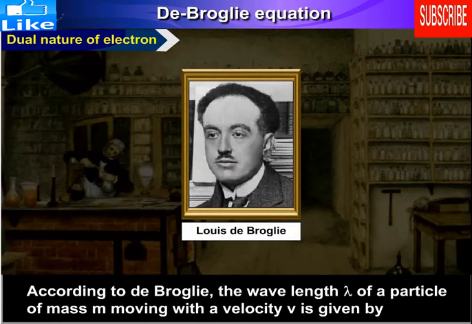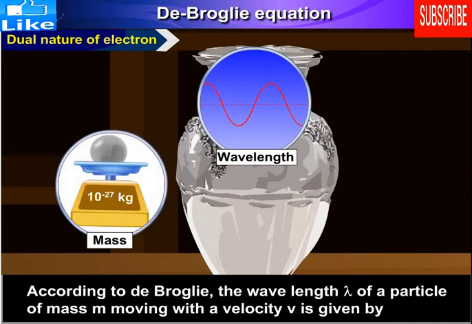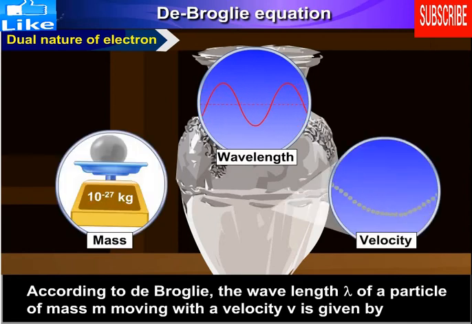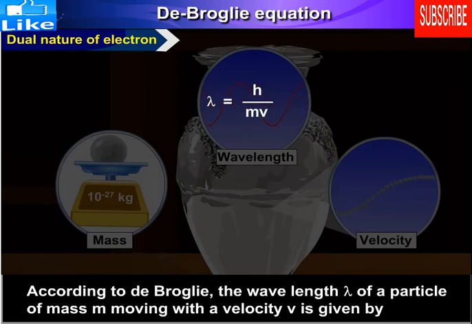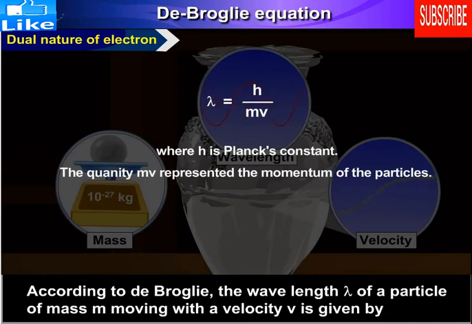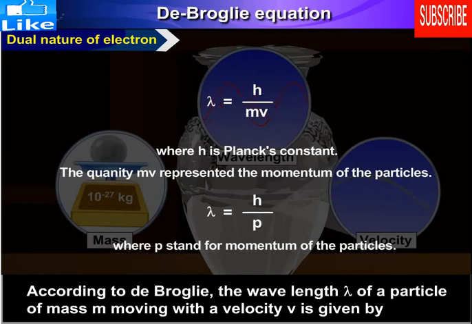According to de Broglie, the wavelength of a particle of mass m moving with a velocity v is given by lambda equals h upon mv, where h is Planck's constant. The quantity mv represents the momentum of the particle. The above equation can also be expressed as lambda equals h upon p, where p stands for the momentum of a particle.